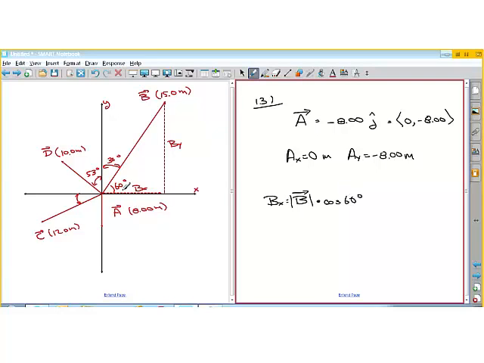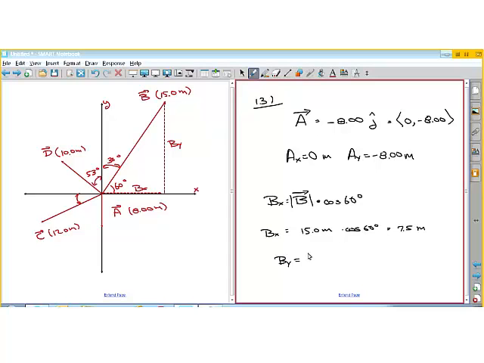It's moving from left to right, so it's positive, so we can leave it positive. So we take 15 meters times the cosine of 60 degrees, and the cosine of 60 degrees is a half. So we get B sub x as the x component.